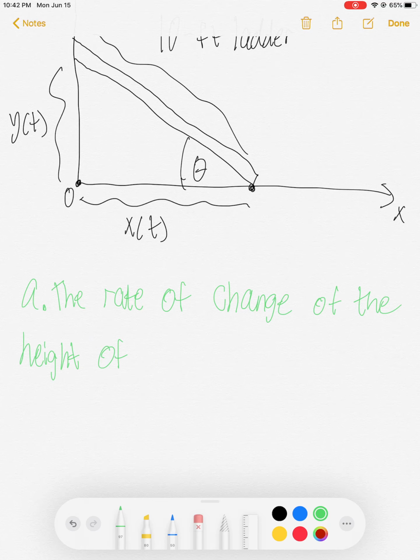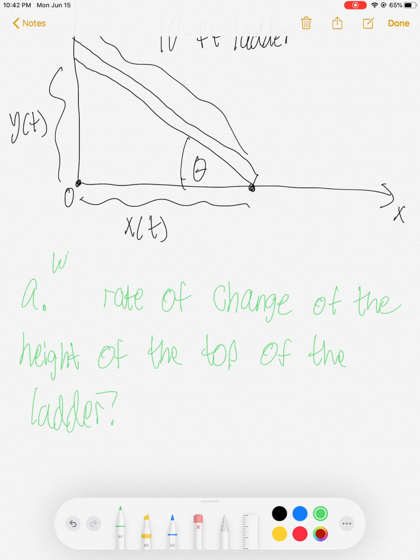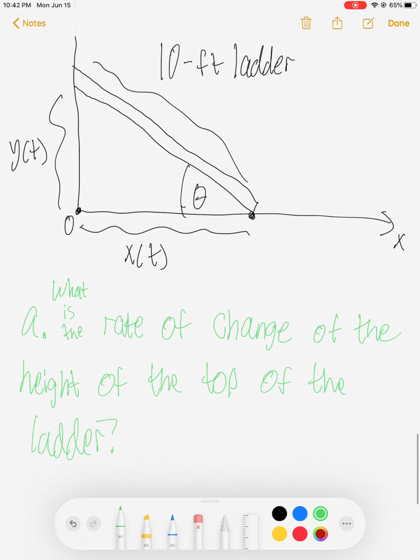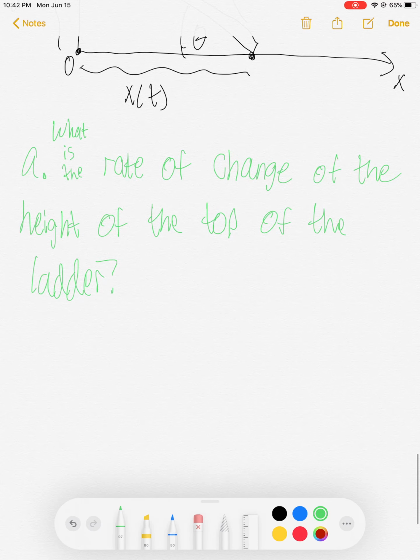The rate of change, this is a 3-parter. The rate of change of the height of the top of the ladder.